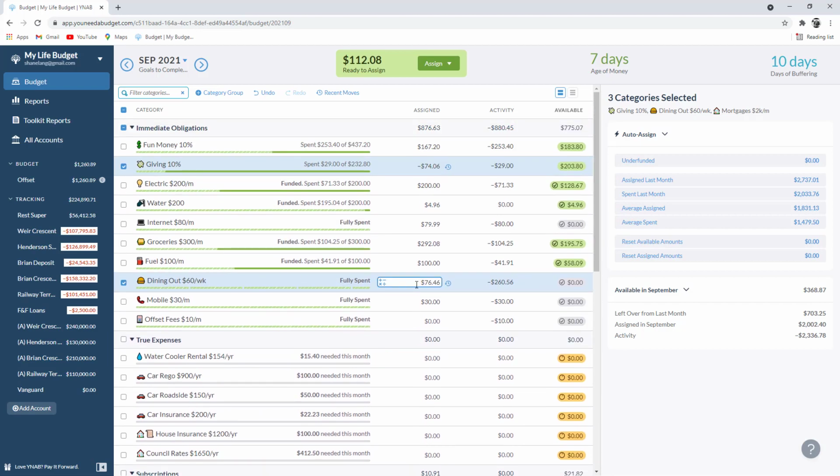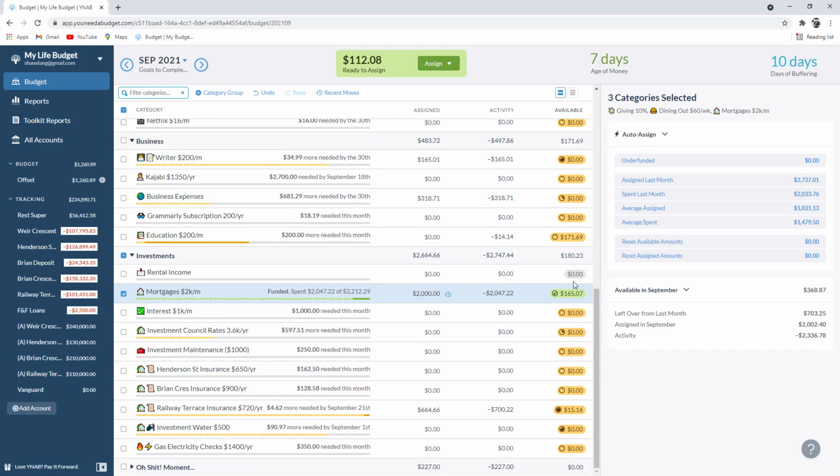Okay, so we did them. So I paid the few cents on dining out. Now it's back to zero. And my mortgage, instead of just covering what's owed, I've done my $2,000 goal a month, which I want to do. Okay, so that's okay.